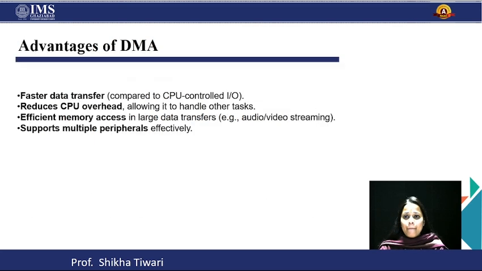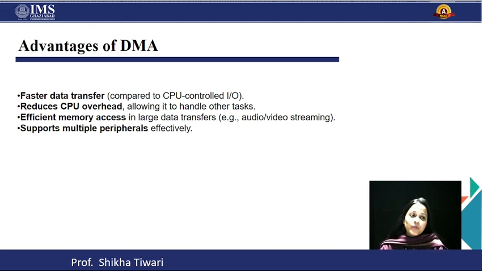What are the advantages of DMA? The advantages of DMA are actually related to the concept of DMA. Why did we introduce DMA, or why do we need to learn what DMA is? Because the CPU has efficiency in doing things, and the two terms, efficient and effective, are always associated with the CPU.